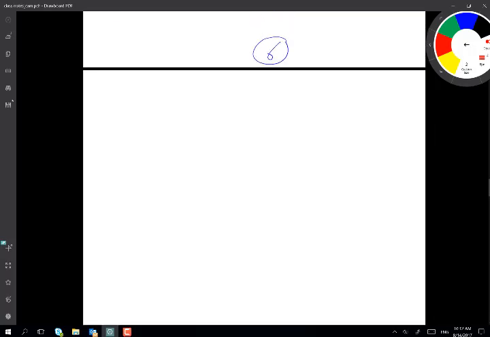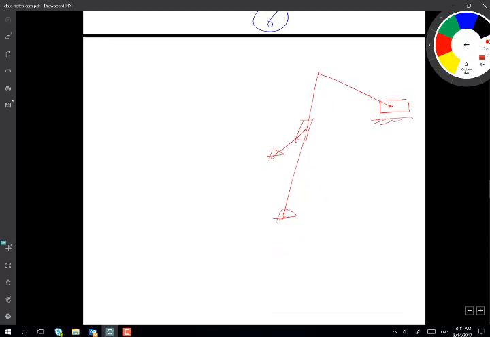So if I have a linkage such as this one here, I want you to calculate the degrees of freedom of this linkage. As usual, we start counting our links.